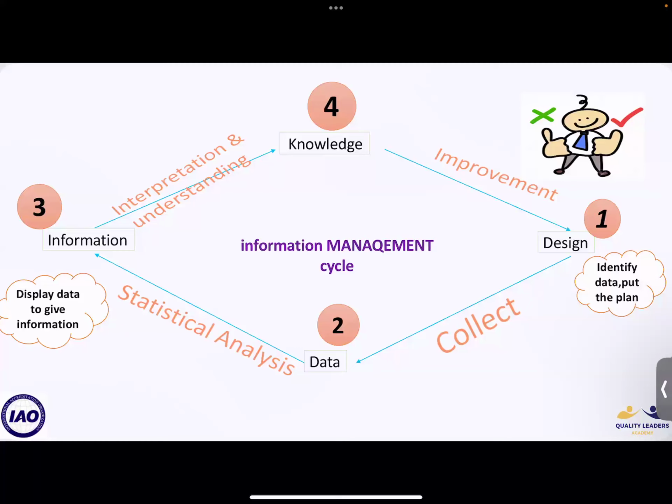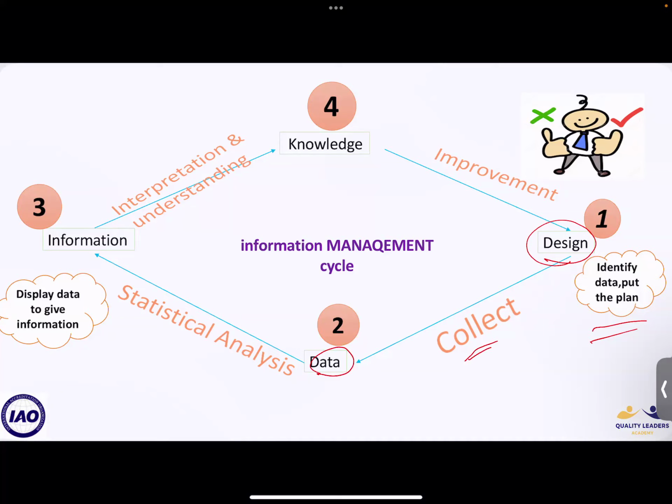So, the steps of information management: we started with the first phase, which is the design phase. This involves identifying the data to be collected, setting a plan for data collection, and selecting the data collection method or data collection tools. After that, we move on to data collection and gather the data.